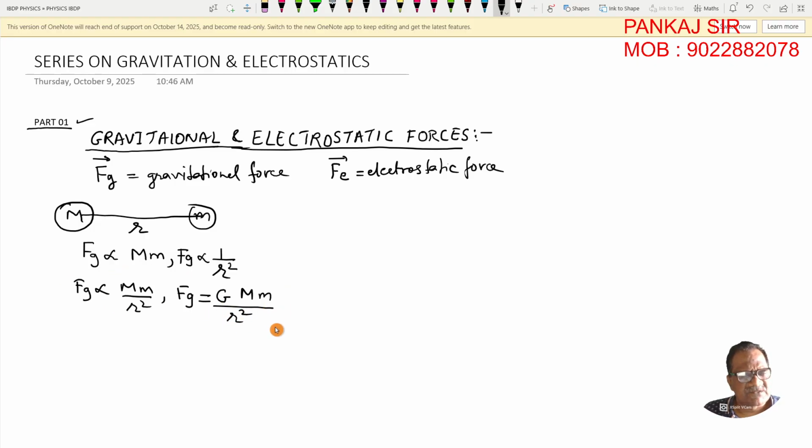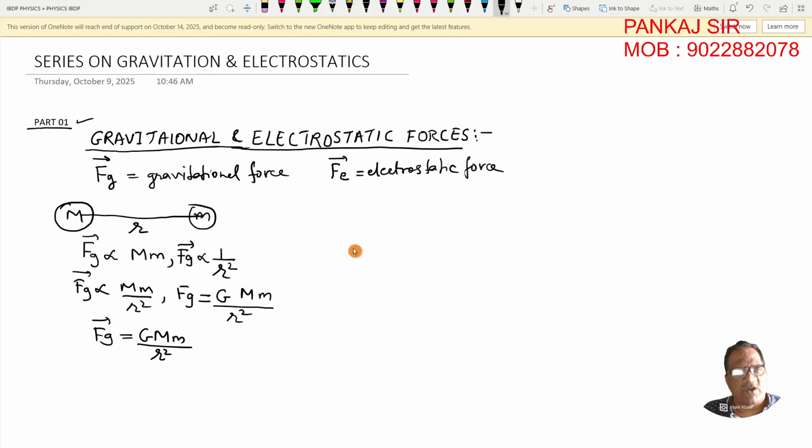This being a vector, you have to put the arrow mark on top of it. So this is the final formula for gravitational force: Fg is equal to G M m, the product of the two masses, divided by the square of the distance between them.